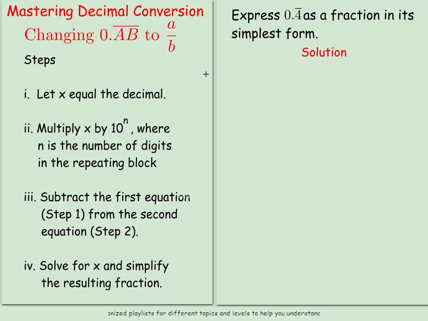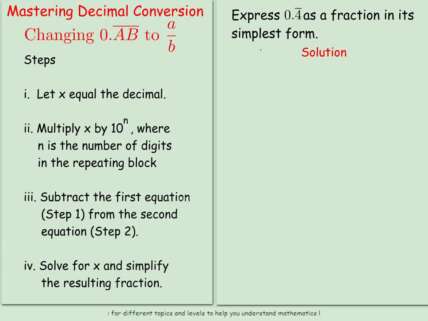Secondly, you multiply x by 10 raised to the power n. Take note, the n we are talking about is the number of digits in the repeating block. So we'll look at what these repeating blocks are. Then you subtract the first equation, that is in step 1, from step 2. And then you make x the subject. So let's look at how we can apply these steps over here.